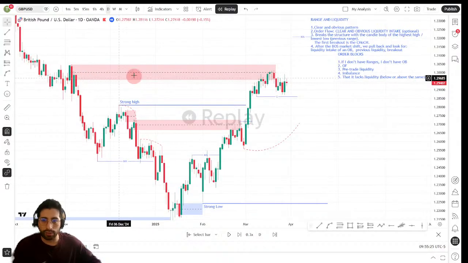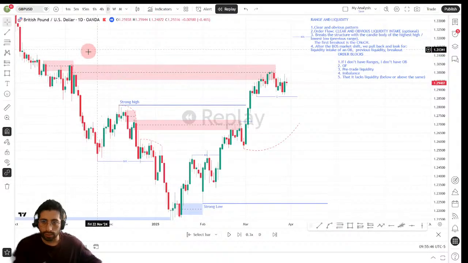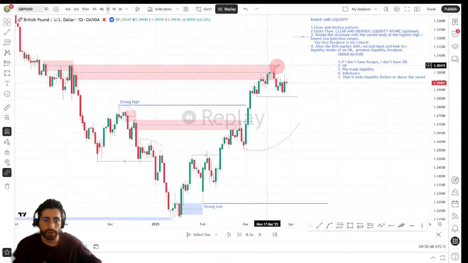And now this order block we have here does accomplish some of these rules. It has order flow. Look, it reacts from this block. Boom. Perfect. Now it has order flow and pre-trade liquidity.